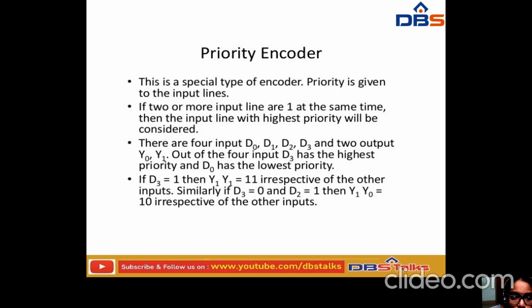Out of those four inputs, D3 has the highest priority and D0 has the lowest priority. So if D3 is equal to 1, then Y1 Y0 is equal to 11 irrespective of the other inputs. Similarly, if D3 is equal to 0 and D2 is equal to 1, then Y1 Y0 is equal to 10 irrespective of the other inputs. Okay, this is about the priority encoder.